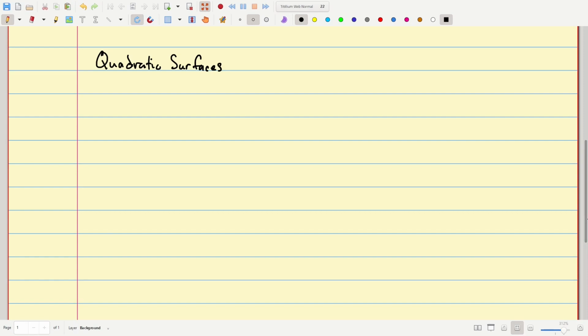Okay, quadratic surfaces. For us, there is a full version of the equation for quadratic surfaces that I'm not going to write down because it's not the one that we're going to be using in this section. We're going to be sticking to simple cases.